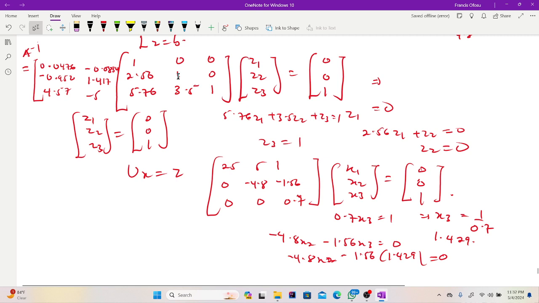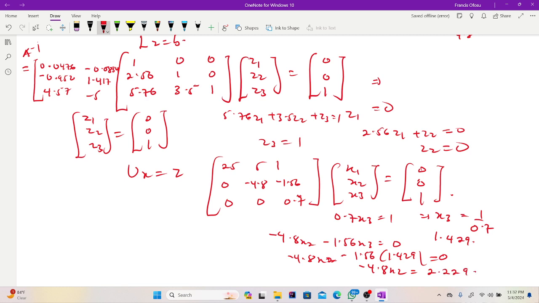So negative 1.56 times 1.429. Then after I'll multiply by negative 1. So I'm getting negative 4.8 x2 is equal to 2.229. Then I divide through by 4.8. So my x2 is equal to 2.229 over 4.8.